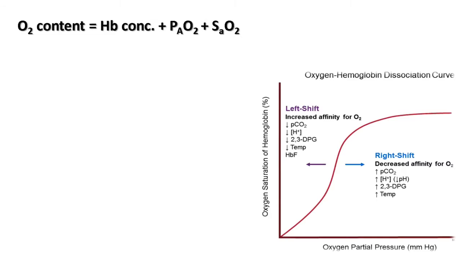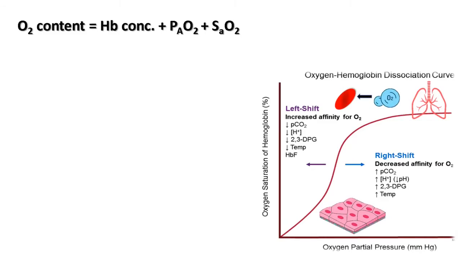At the lungs, we have high oxygen saturation and arterial partial pressure, facilitating oxygen to leave the alveoli and jump onto hemoglobin easily. Whereas at the tissues, oxygen saturation and arterial partial pressure are decreased so that oxygen can easily dissociate from the hemoglobin to enter into the cells.